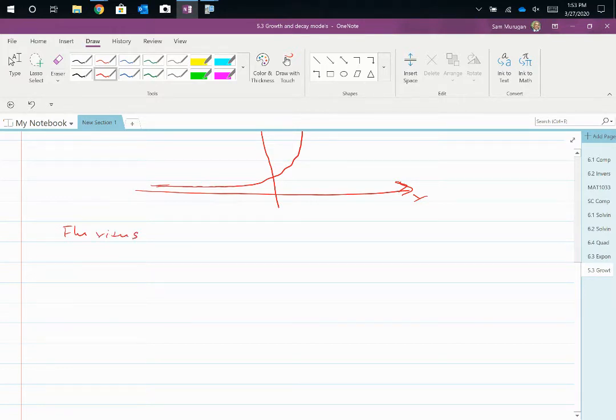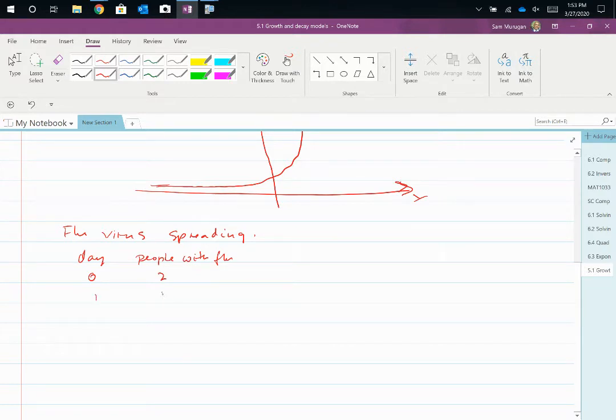And this is just an example I made up, okay? So let's say at day 0, people with flu. And at day 0, 2 people have the flu.